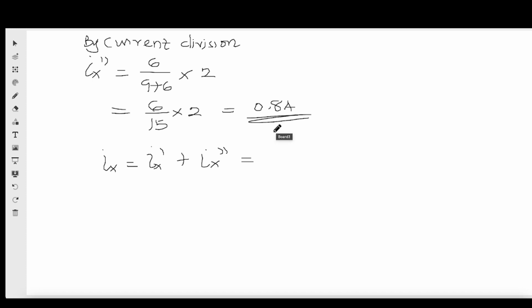So by the principle of superposition, Ix will be equal to 0.2 plus 0.8, which is 1 ampere. I believe that is very, very simple to understand. If you have any question on what I just did, please drop it in the comments and I will make sure I answer you.